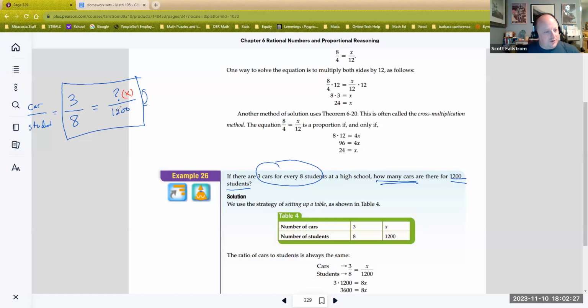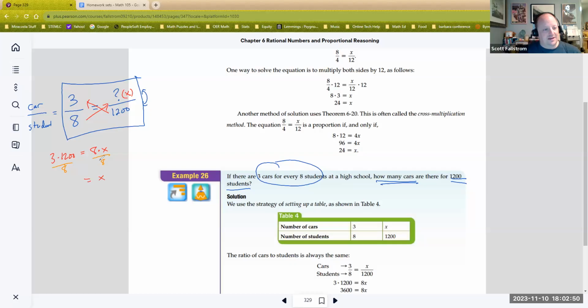Now you could do this in a couple different ways. One way is to do the proportional reasoning, where I would multiply these two. That would give me 3 times 1,200 is equal to 8 times x. Nothing wrong with that. Then I would divide by 8 on both sides, because I'm trying to get x by itself.